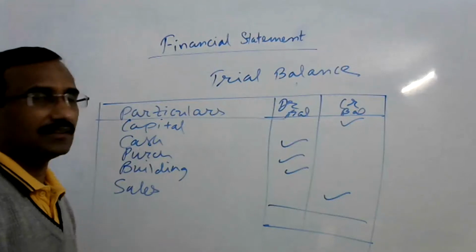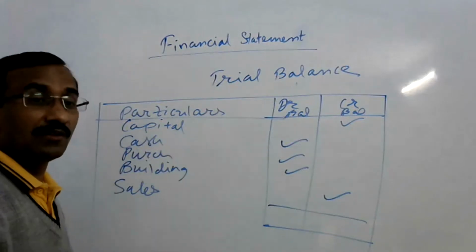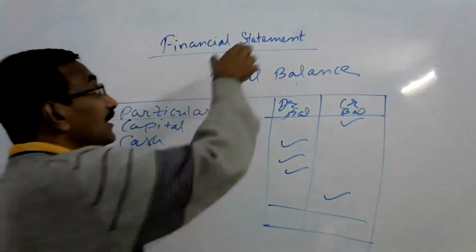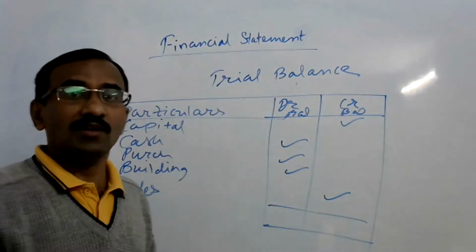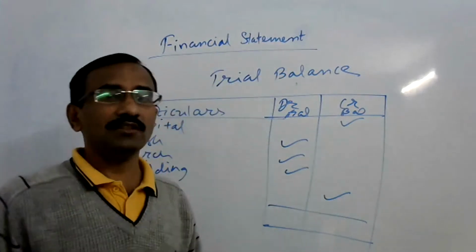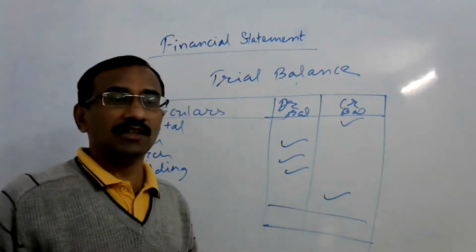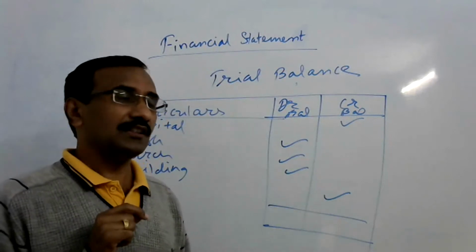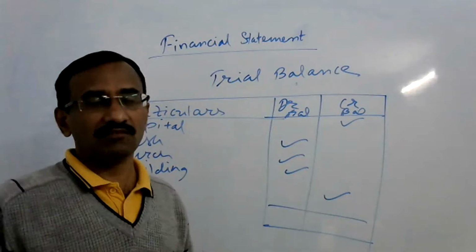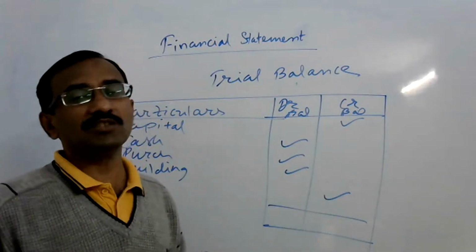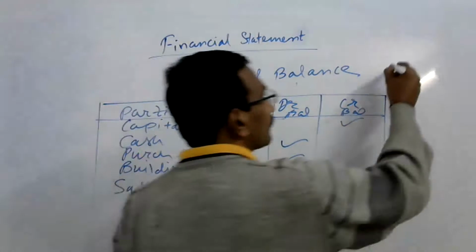Once matched, we can start with the preparation of financial statements. But before moving to the trial balance, or even after completion of the trial balance, certain adjustments are required, and one of the critical adjustments is closing stock.